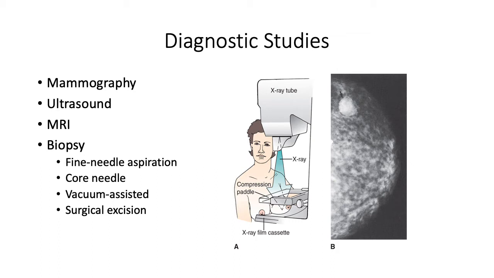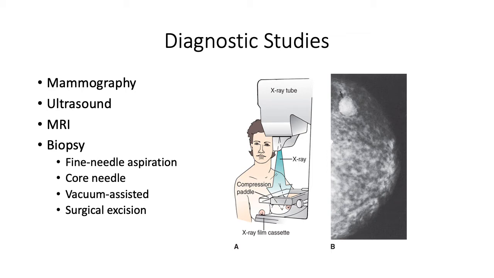Diagnostic studies include mammography. This type of diagnostic tool creates images of the breast that can provide information on the size and character of the mass. Mammographies have saved a lot of lives because they're able to diagnose cancer before clients may be exhibiting any symptoms or able to palpate a mass.